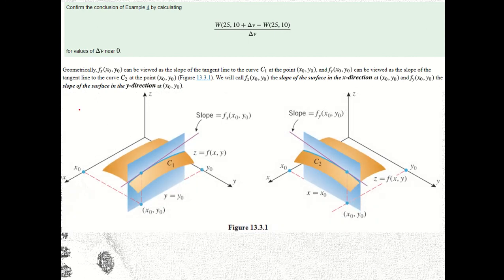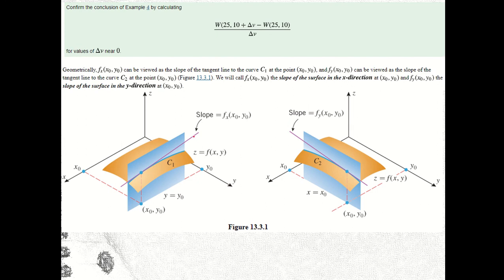Okay, so geometrically, if you refer to this illustration, the partial derivative of the given function with respect to x at this point can be viewed as the slope of the tangent line to the curve C1. Okay, so this is our curve C1 and this is our slope.